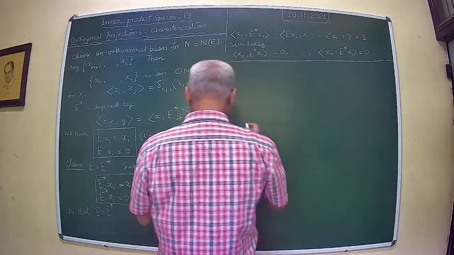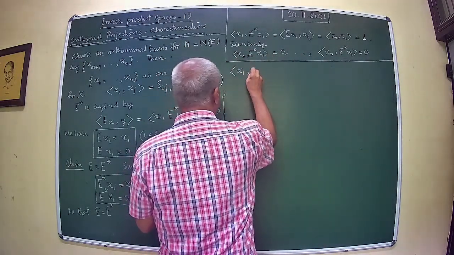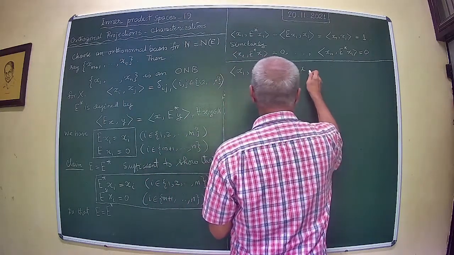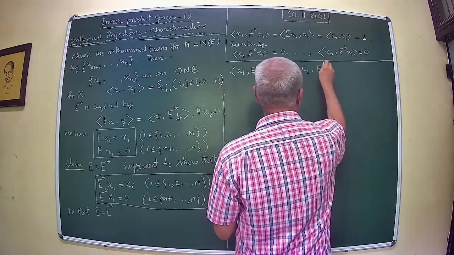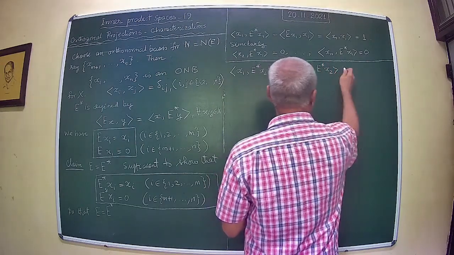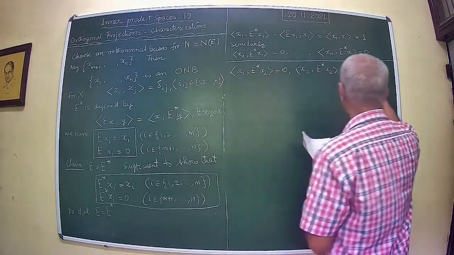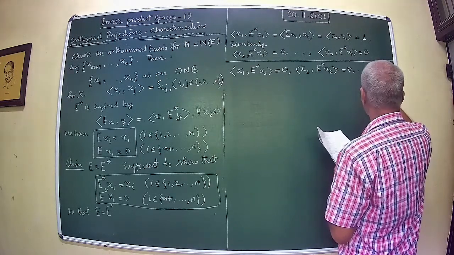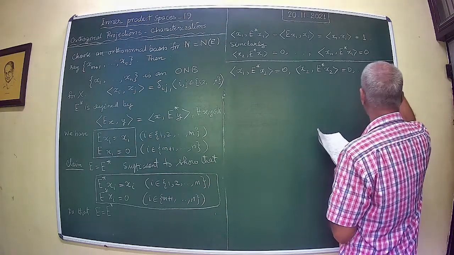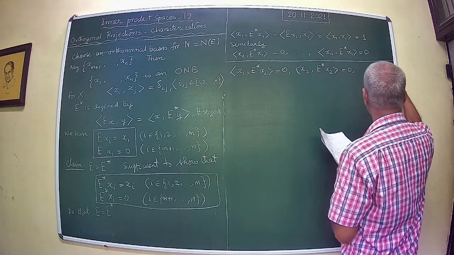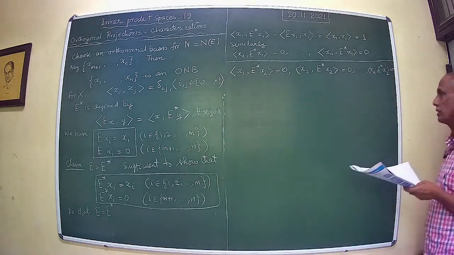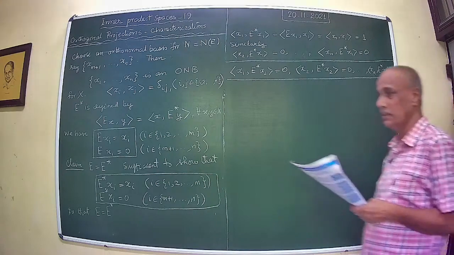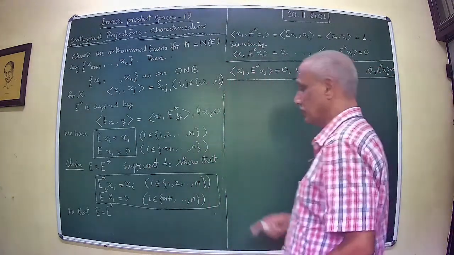Similarly, you have the inner product with x1 equal to 0, the inner product with x2 equal to 1, and the others equal to 0. That gives you information about E star x2. We want information about all of E star of xi.